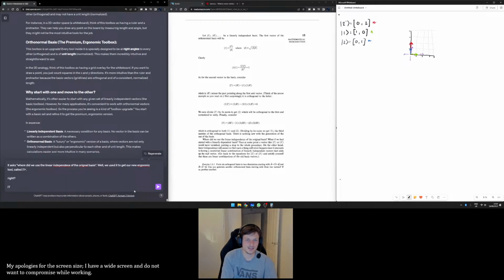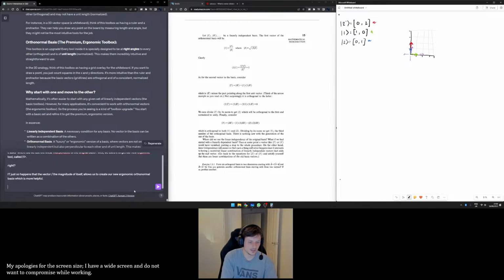It just so happens that the vector divided by the magnitude of itself allows us to create our new ergonomic orthonormal basis, which is more helpful.